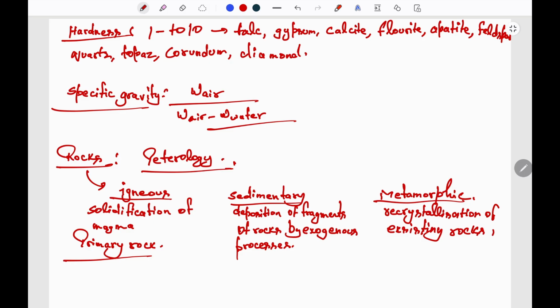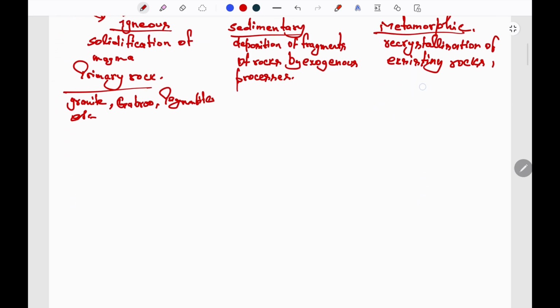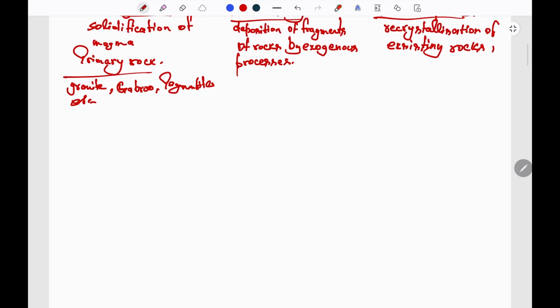And examples of this rock is like granite, gabbro, pegmatite, etc. And the question is asked in the exam in form of like which one is extrusive or intrusive igneous rocks.